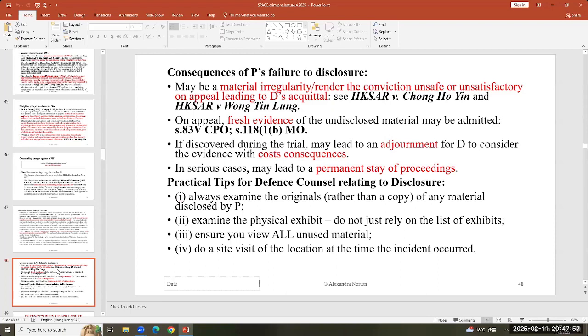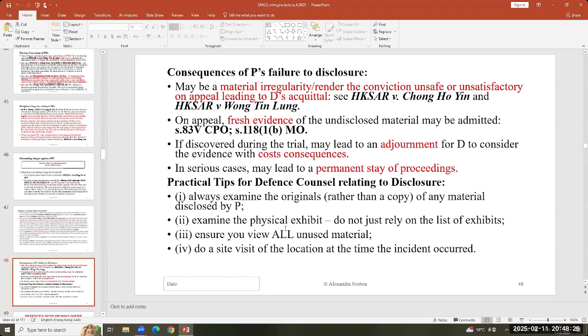This is what Nancy Kissel applied for in between her original trial and her retrial, after she was acquitted by the CFA and they ordered a retrial. Before the retrial commenced, she applied for a permanent stay of proceedings. She was hoping to get the whole thing dismissed before she had to go through another retrial. But it's a very high threshold for the court to agree to a permanent stay of proceedings.